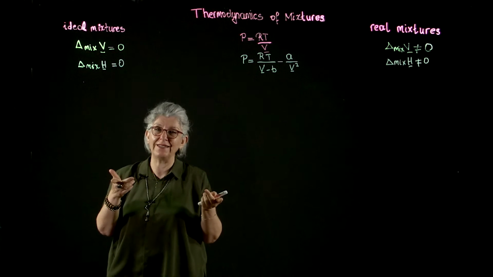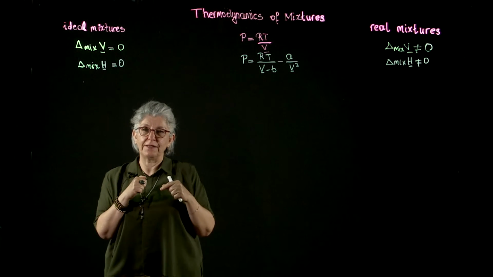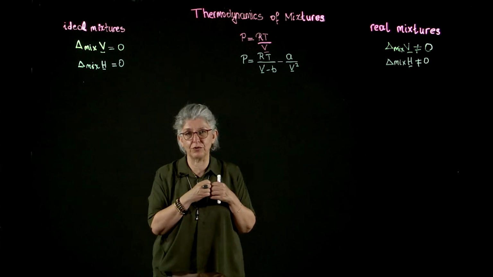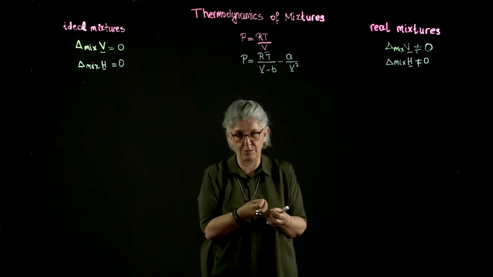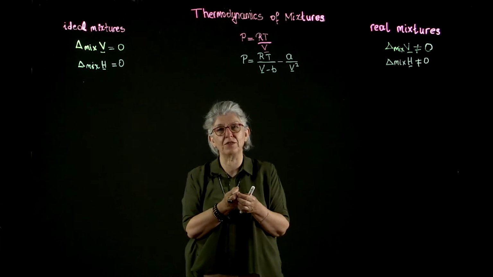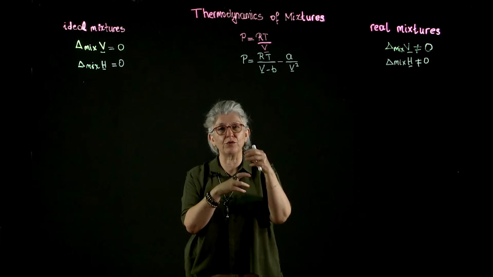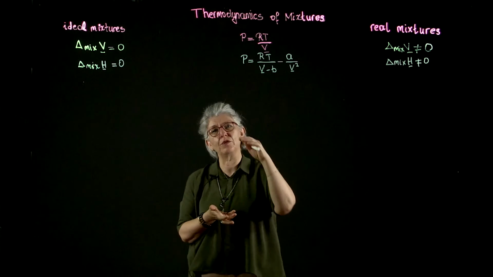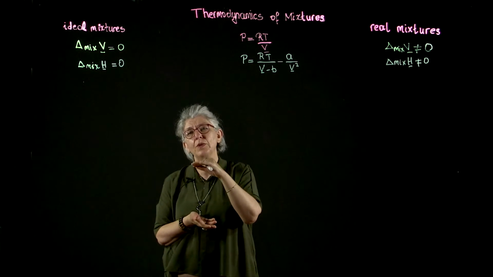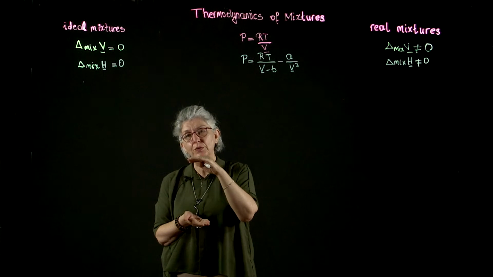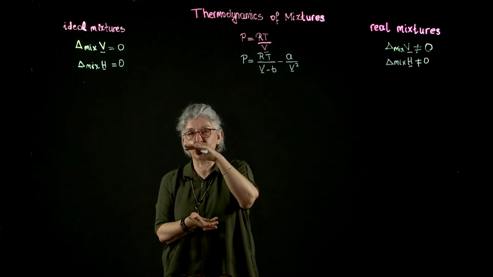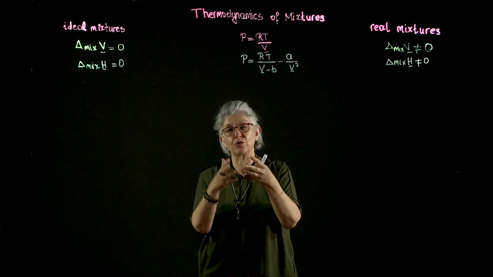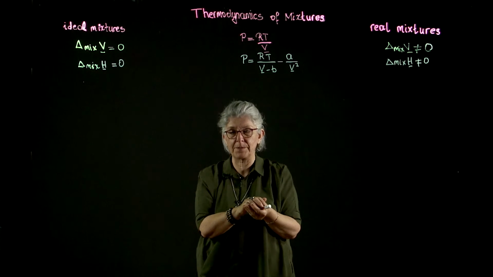The volumes are additive. But when we are mixing two real fluids, and think about large balls and small balls mixed together, the smaller balls are going to fill the voids of the larger balls, and even though we start from, say, two equal volumes of large balls and small balls, when we mix them, the total volume is going to be smaller.